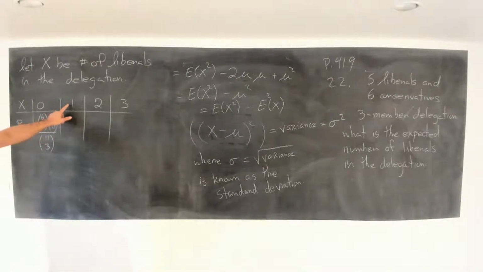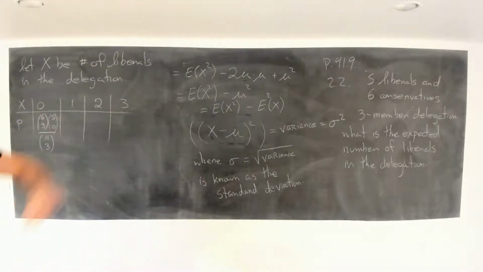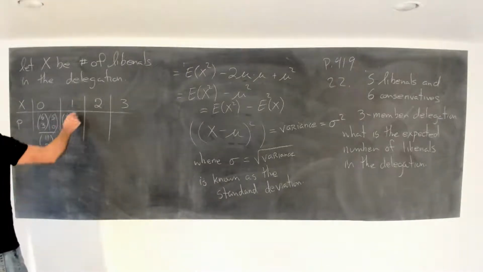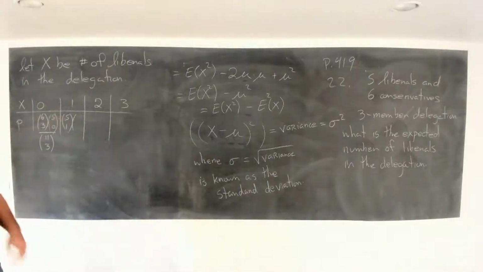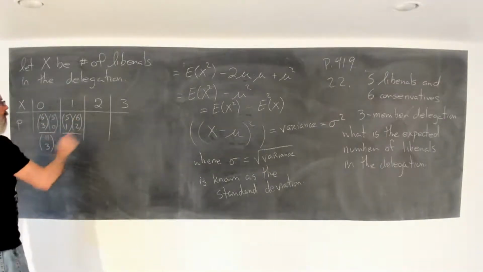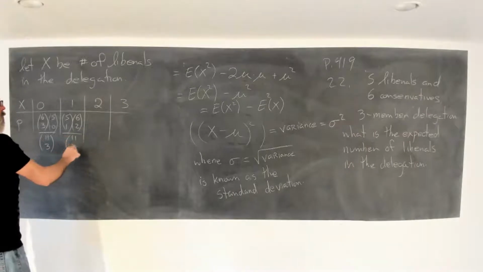Or if there's 1 liberal, you want to choose 1 from the 5, and the other 2 should be chosen from the conservatives. So 6 choose 2 over still 11 choose 3.